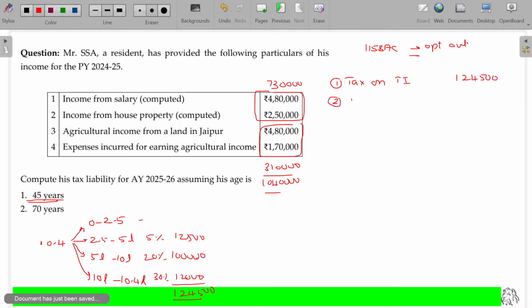Step number 2, tax on agri income plus basic exemption limit. Agri income being 3.1, and as the age is 45 years, the basic exemption limit is only 2.5 lakhs, so 5.6 lakhs.